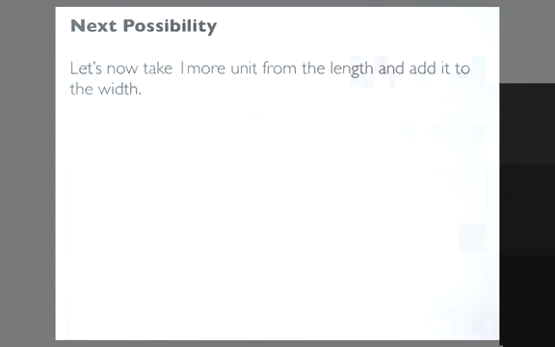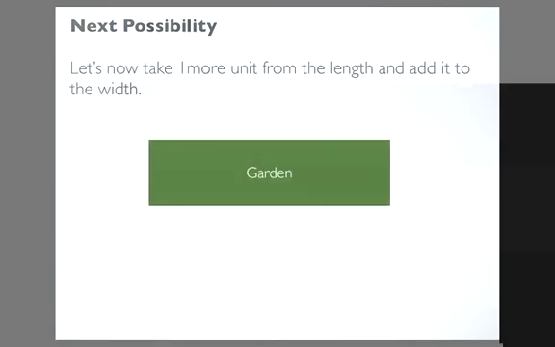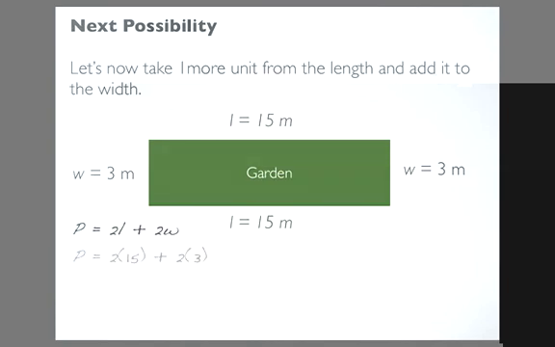Let's investigate another example. Let's now take 1 more unit from the length and add it to the width. So again, we have a bit shorter garden in length, but a bit wider. We have a length of 15 meters and a width of 3 meters. Let's look at our perimeter, which is equal to 2 times the length plus 2 times the width. 2 times 15 plus 2 times 3 is 30 plus 6, and again we have 36 meters for our perimeter.